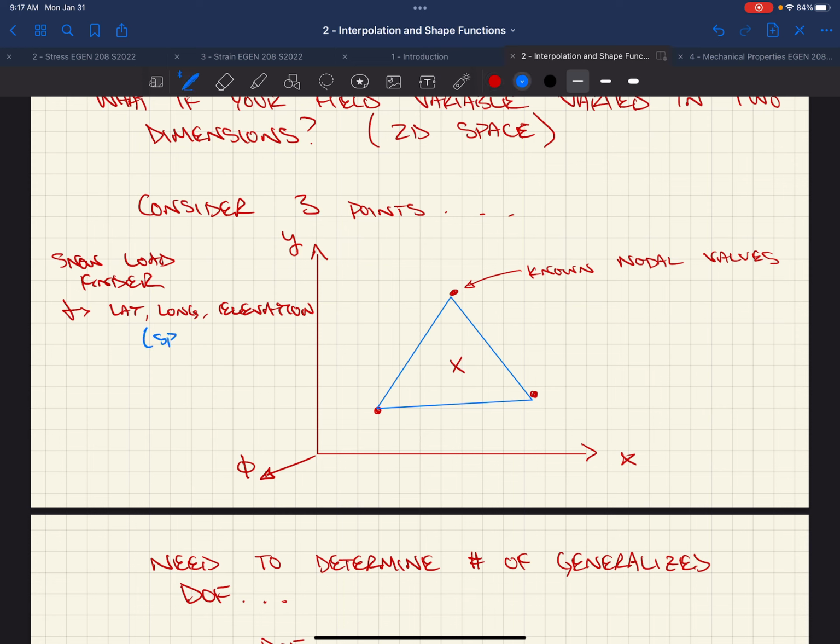These are spatial values, space values. And we're really just trying to find 1 degree of freedom out of that: snow load, or our ground snow load.